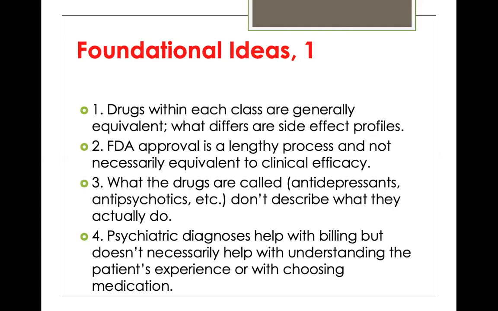Now, there are subtle differences. For example, Cipriani found that venlafaxine is a tiny bit better than the rest. Fluoxetine is a tiny bit better than the rest, but not hugely so. However, some classes are better than others.